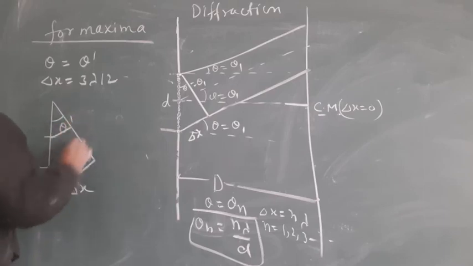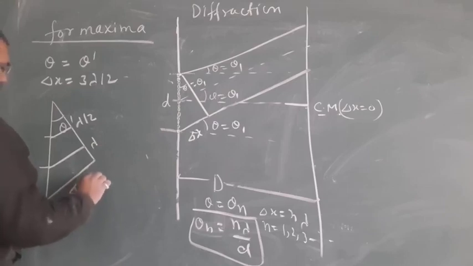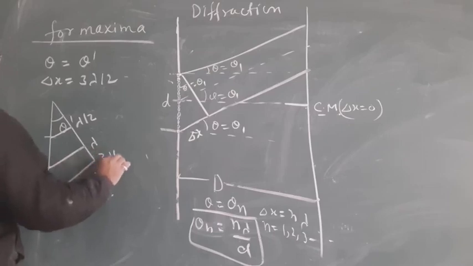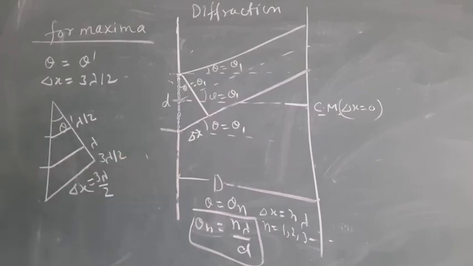So this would be lambda by 2, this would be lambda, and this is equal to 3 lambda by 2. Lambda by 2, lambda by 2, lambda by 2.